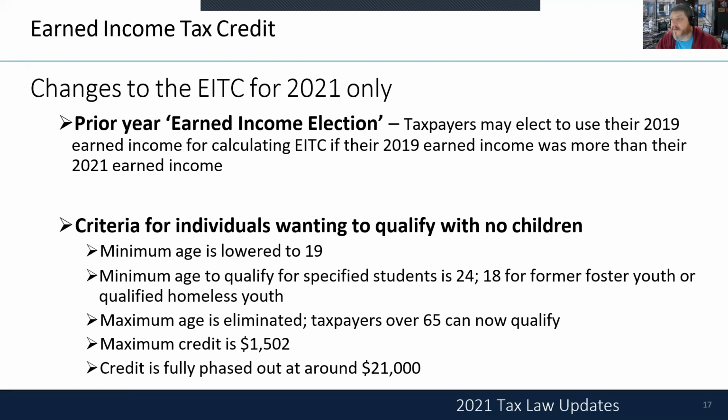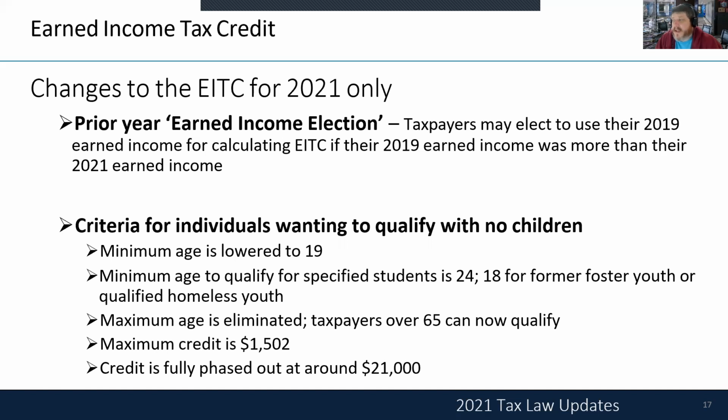For example, if the taxpayer's only income in 2021 is unemployment, they cannot use their 2019 earned income to calculate EIC. The reason for that is because unemployment is unearned income. It is not earned income. So they don't qualify for EIC based on that alone.